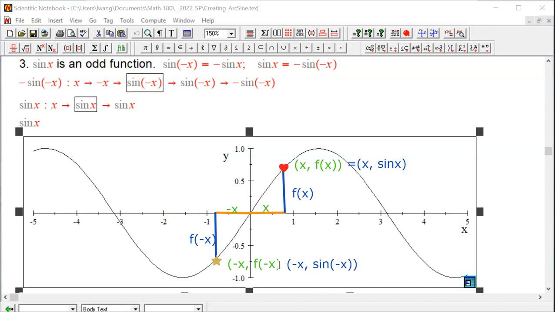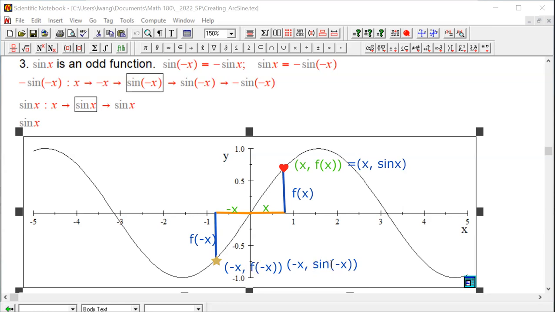Sorry, I actually missed a close parenthesis here. Let me just do it over. So this point, negative x, is the input, f of negative x as output. These two are the same because f is just any odd function.